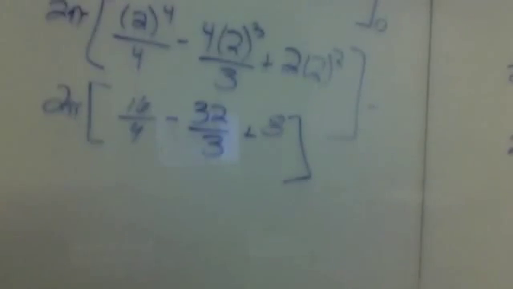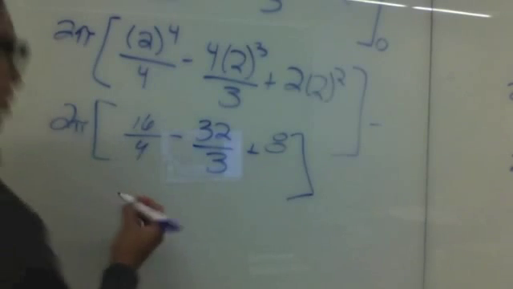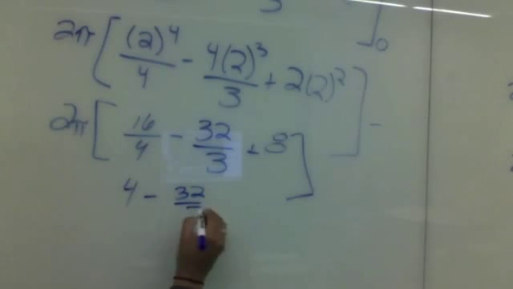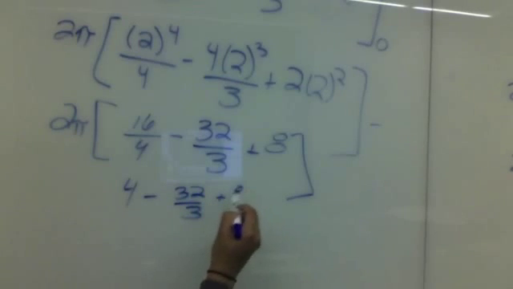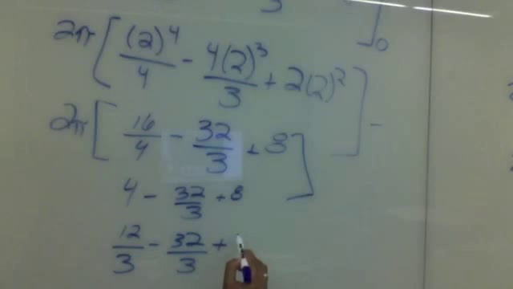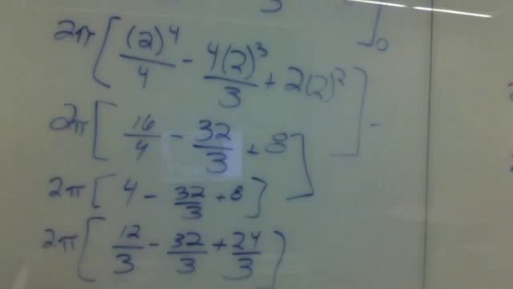And we're going to keep going with this one. And now we have 4 minus 32 over 3 plus 8. We have to put everything in terms of 3, so we have 12 over 3 minus 32 over 3 plus 24 over 3. And all of this will be multiplied by 2 pi.